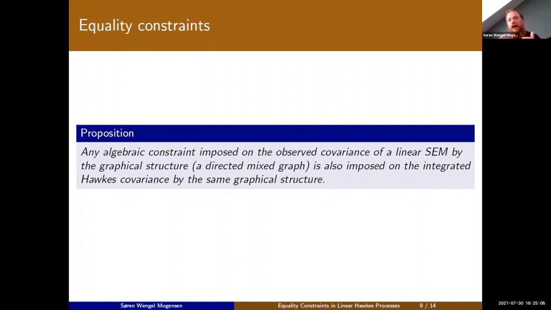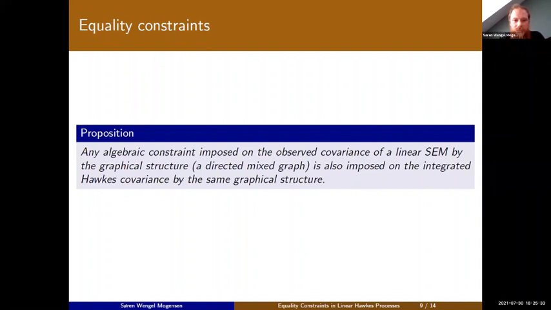I can actually apply a lot of it in the structured learning of the Hawkes processes. And in particular, if I can find equality constraints using this linear SEM literature, these will also be satisfied by this integrated Hawkes covariance equation. And I can use these to do structured learning then.